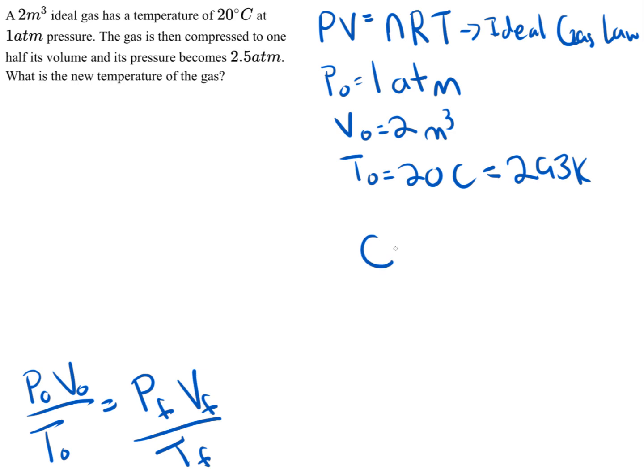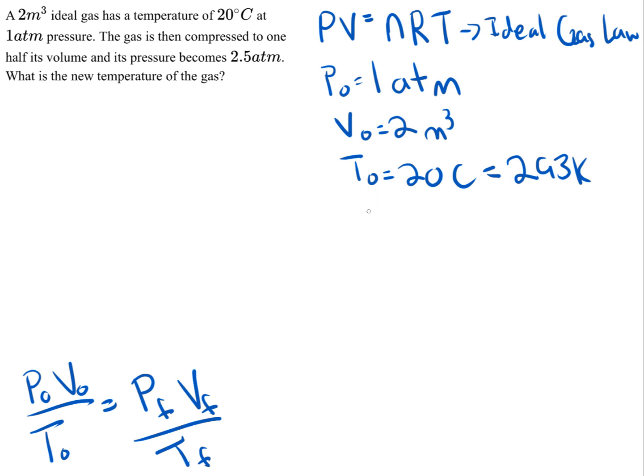Remember, Celsius is equal to Kelvin minus 273, or Kelvin is equal to the degrees Celsius plus 273. And that's how we can convert the units.